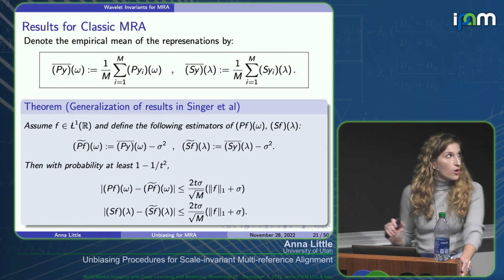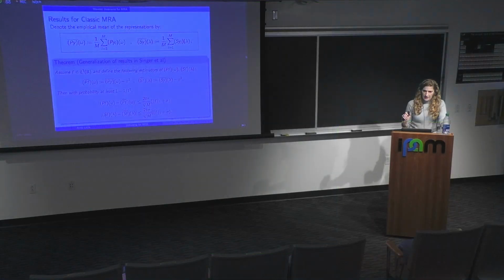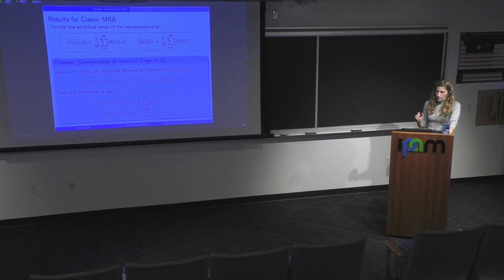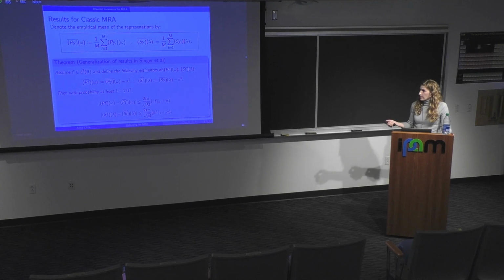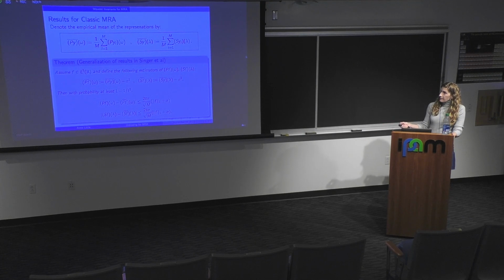Here are some results for classic MRA. These mirror what's already been done in the literature for solving the classic problem by Amit Singer and collaborators, in a number of papers along these lines.